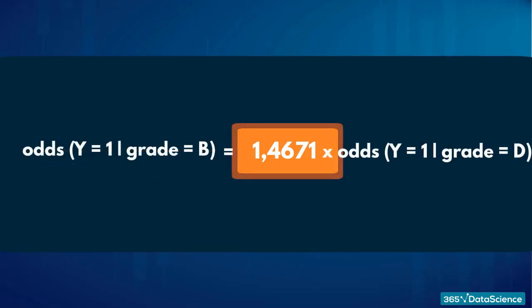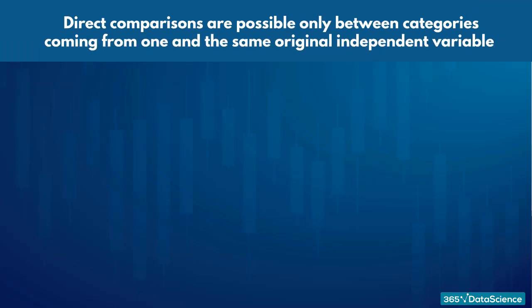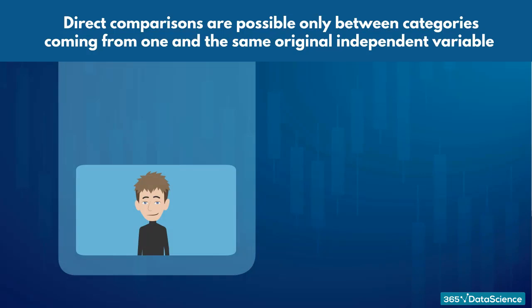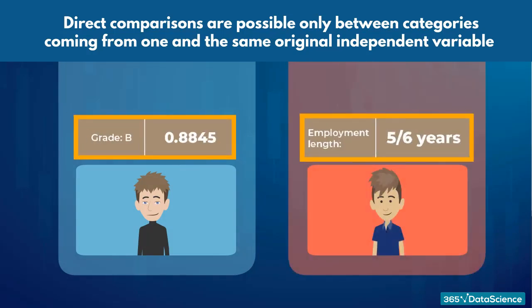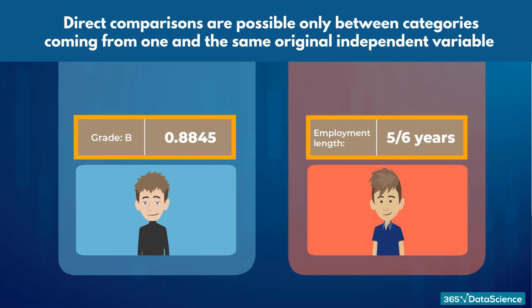That's how we can interpret the coefficients for every set of dummy variables representing an original independent variable. Note that such direct comparisons are possible only between categories coming from one and the same original independent variable. For example, it won't be accurate to compare the odds of someone with external rating B to be a good borrower to the odds of someone with employment length between 5 and 6 years directly based on the coefficients we got.